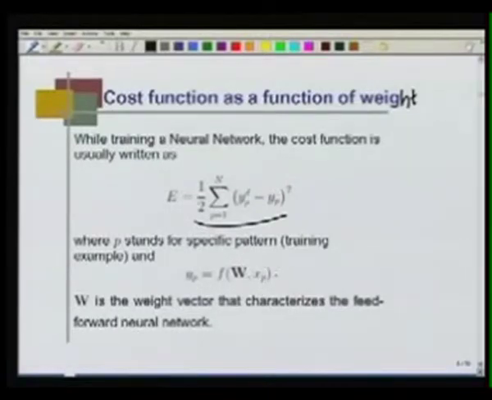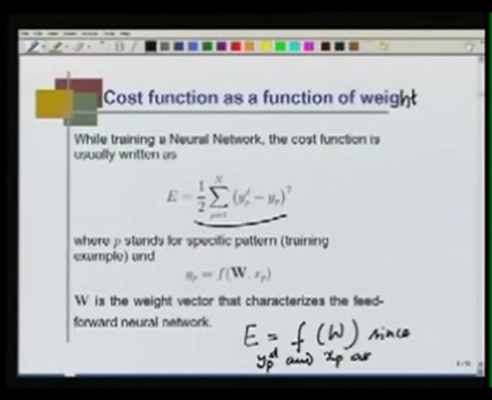So, XP is input, YP is output, and in that sense you can easily see that E is actually a function of W, since YPD and XP are known.